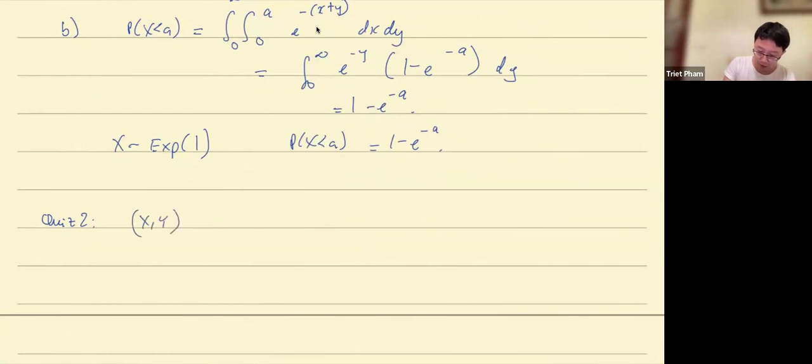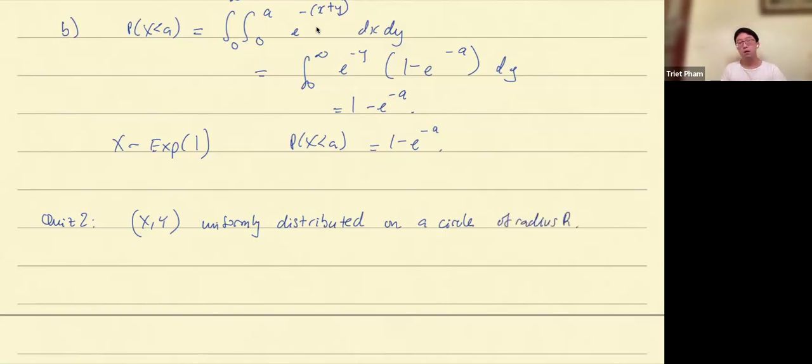Now, if you recall, we looked at a uniform on a circle before, meaning something like this.